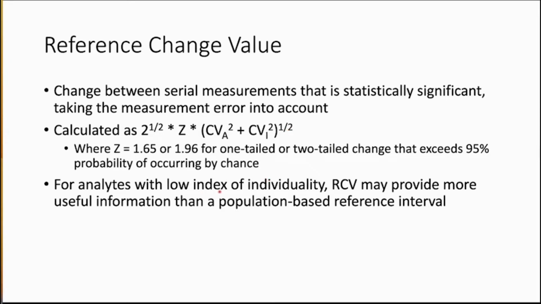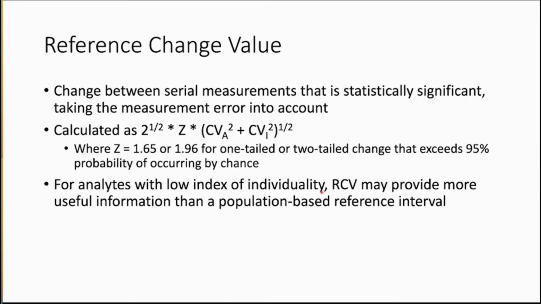And so, again, this ties in with the same concept as the index of individuality. This reference change value might provide more useful information about an individual patient than looking at a population-based reference interval. Now, the problem with this, of course, is that for most people, we have no idea what their individual levels of any analytes are unless we're sequentially monitoring them, which we're not for healthy people.